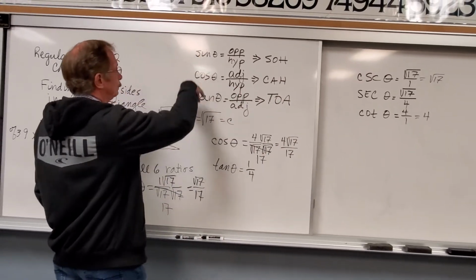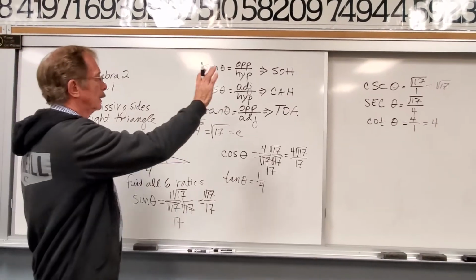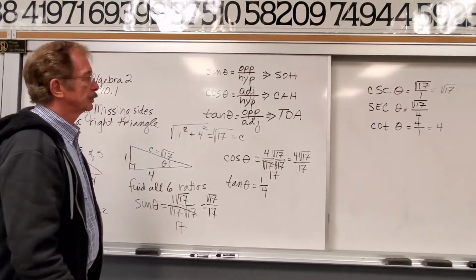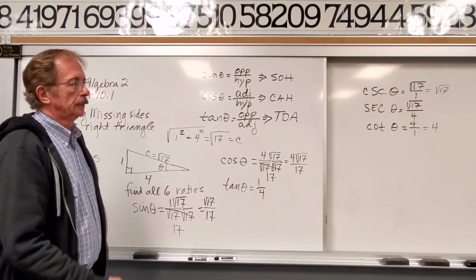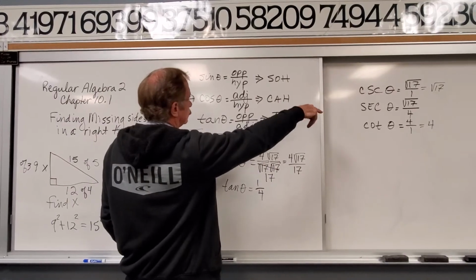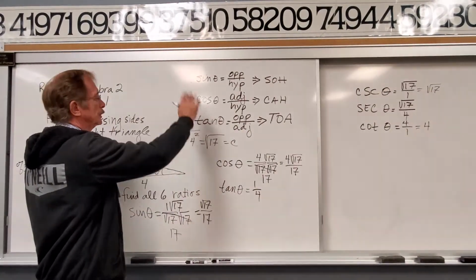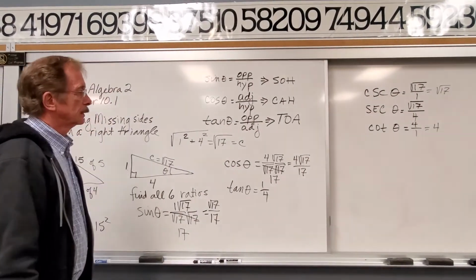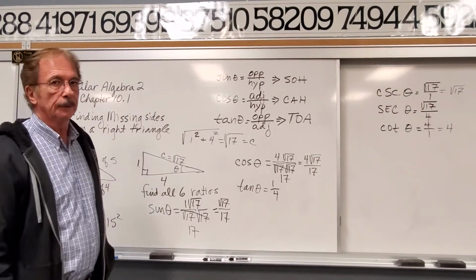So that might help you memorize the first 3. The other 3 people have come up with similar acronyms for them. I don't bother with that, because once I know these, the reciprocals are all over there. So if I just keep that straight, I just need to keep these in mind. So it's a little trick to help you memorize and keep them in the right order.